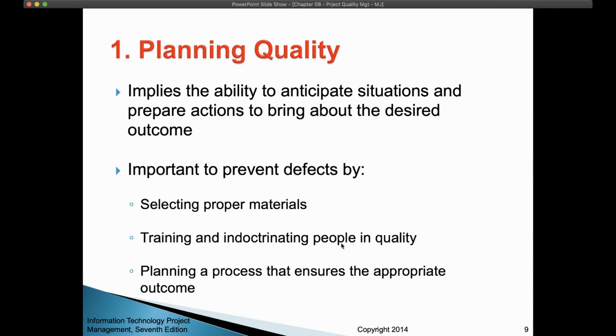Let them understand what quality is and what the consequences of not having quality products are. Imagine that you produce cars, and your team doesn't understand what could happen if they produce a bad braking system. So you need to let them understand and know what this could cause.